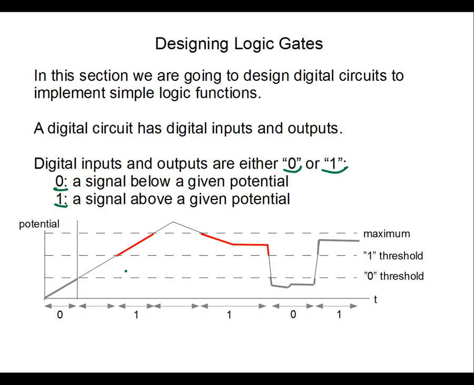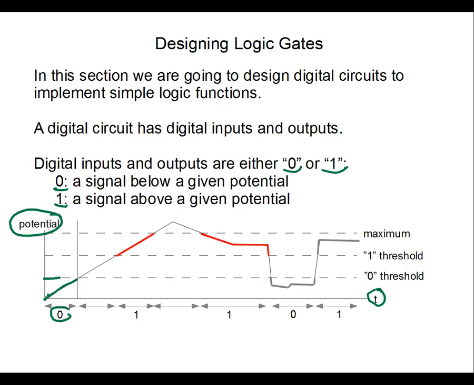Let's look at this signal. This is time, and this is the potential measured in volts. The signal starts out low and then increases. During this time, it is interpreted as a 0 because it's below this threshold.